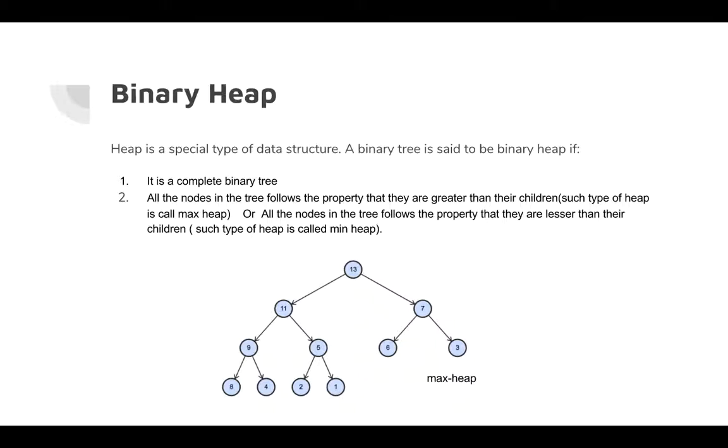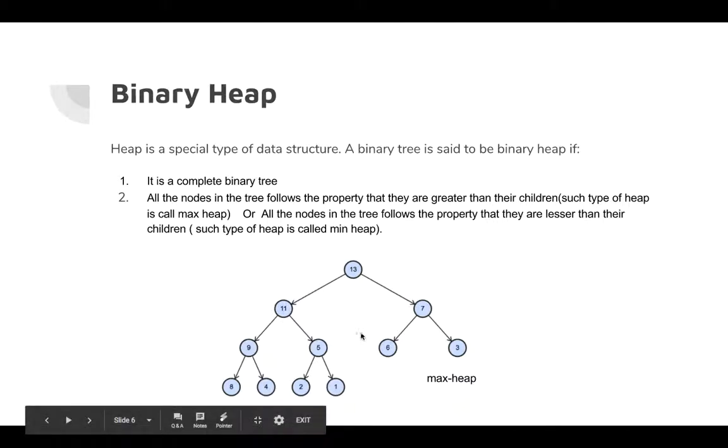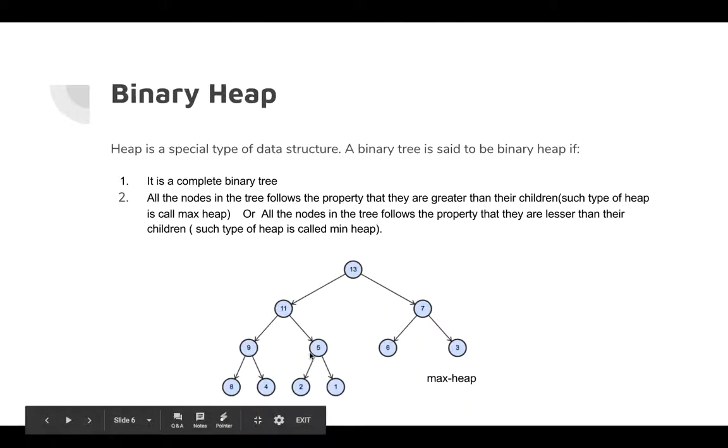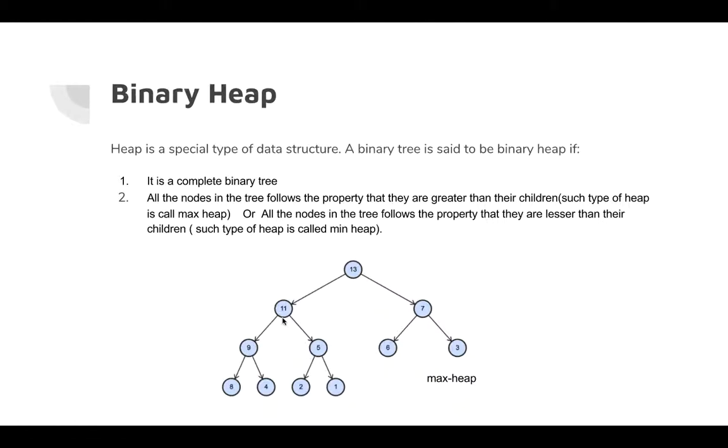Now we can see that this heap contains the root node 13, and the children of 13 are smaller than 13. As you can see, 13 has 11 and 7, which are smaller than 13, and similarly all the children are smaller than their parents. 11 has two children, 9 and 5, both less than 11.